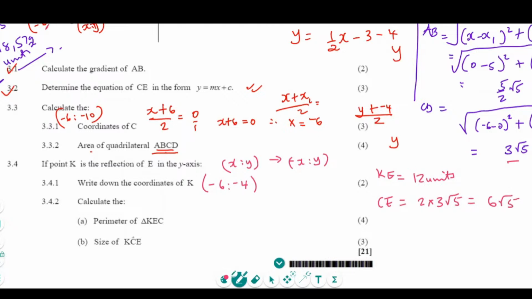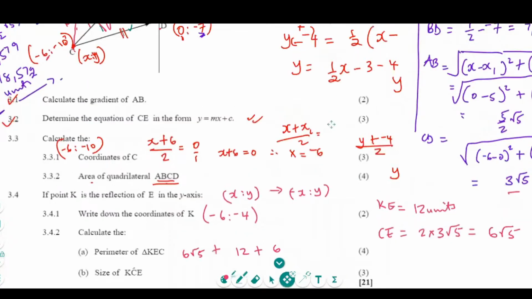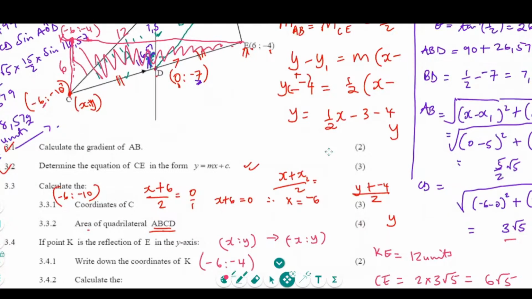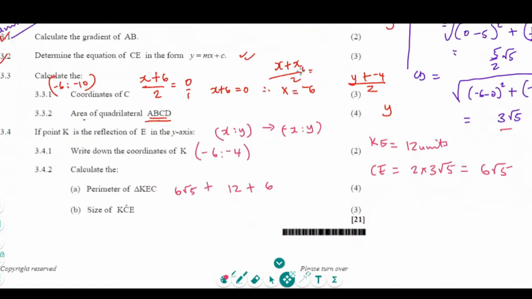Then my perimeter is gonna be the 6√5 plus the 12 units plus those other, were they 6? Yes, we had 6 units. That's correct. Then we just have to insert this into the calculator. And then I'm getting something like 31.42 units. Okay, that is true, that is fine.